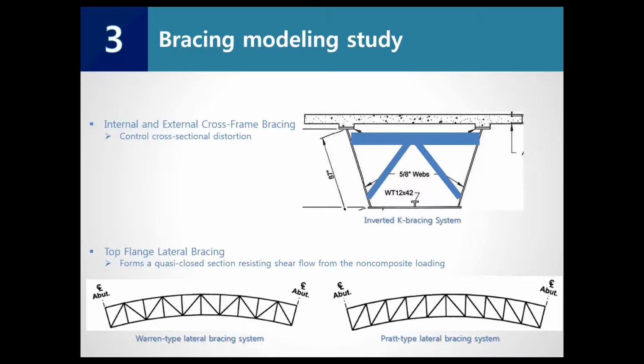The reason to put this kind of bracing is preventing or controlling cross-sectional distortion when the wet concrete pours onto steel top sections. Secondly, top flange lateral bracing is used for resisting shear flow from the non-composite loading.